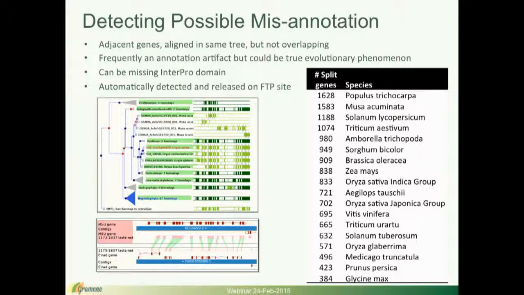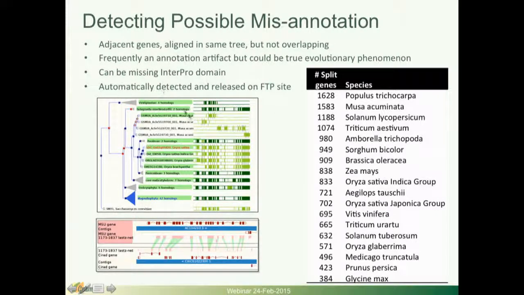Another application, and this is extremely important, we all know that reference genomes are not complete. There are gaps, there are problems. Annotation is not perfect by any means. So viewing gene trees and alignment data allows you to spot possible misannotations.